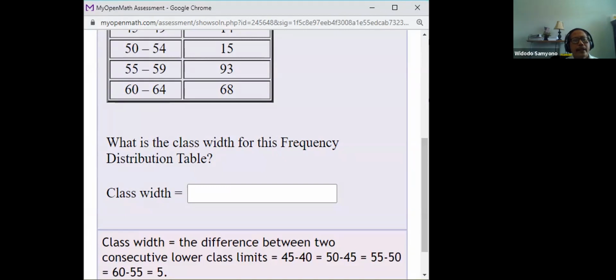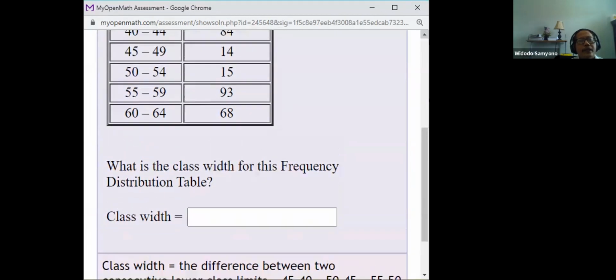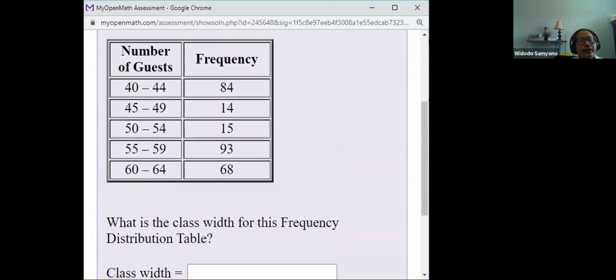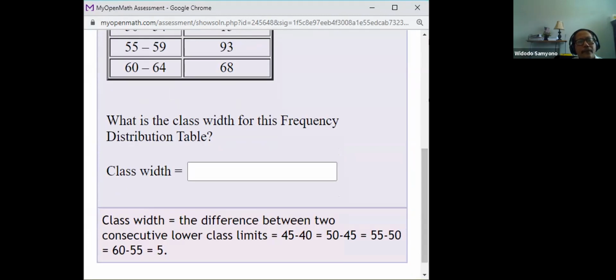Remember, the class width is the difference between two consecutive lower class limits. For this example, the class width will be the difference between these two, these two, and so on. The difference is 5, so the class width is 5.